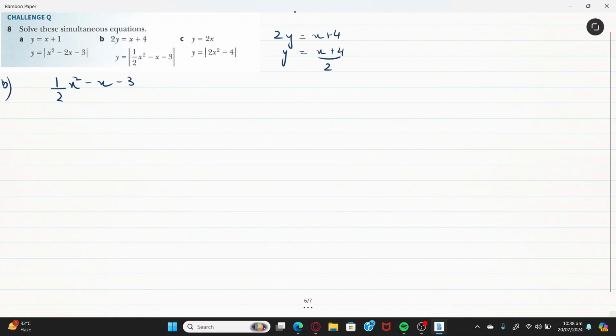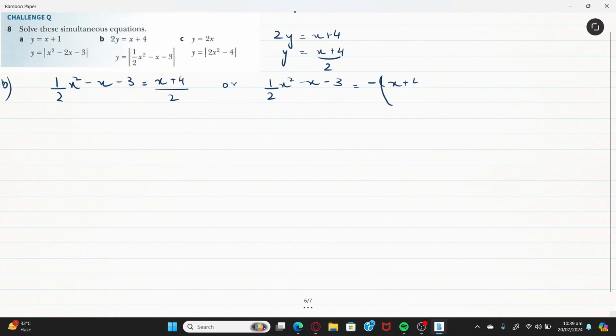So 1 upon 2 x squared minus x minus 3 is equal to x plus 4 upon 2, or it's going to be 1 upon 2 x squared minus x minus 3 is equal to negative x plus 4, divided by 2.